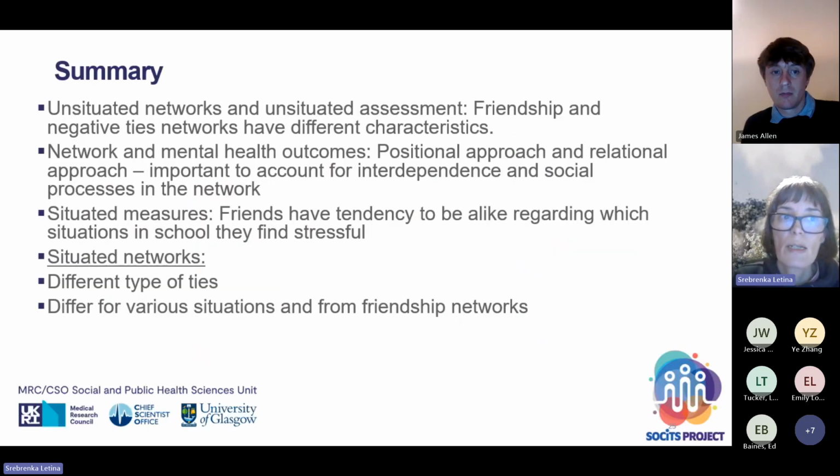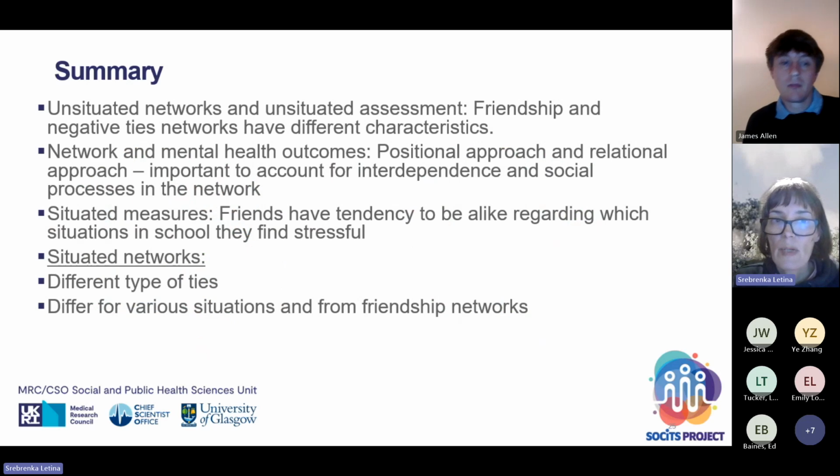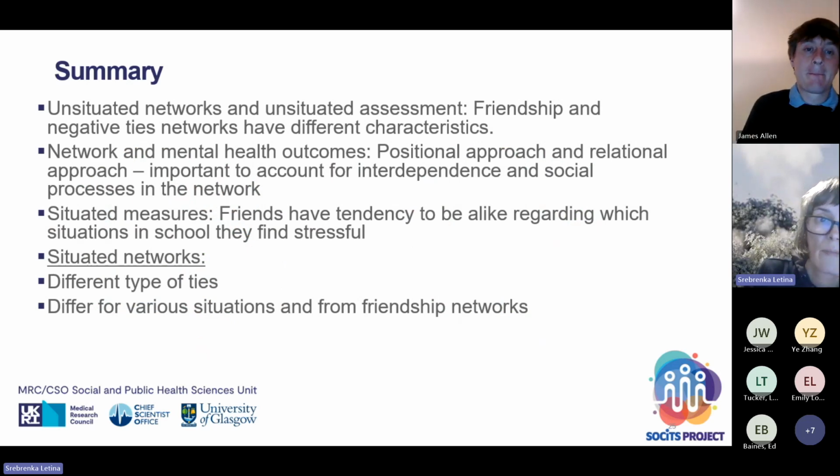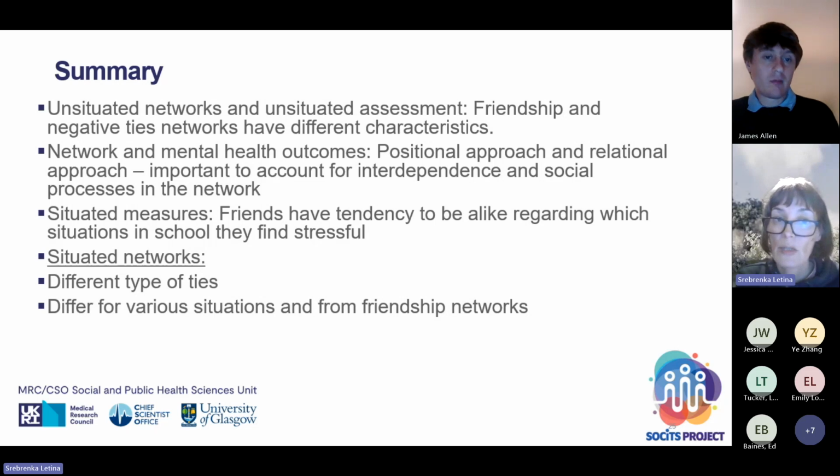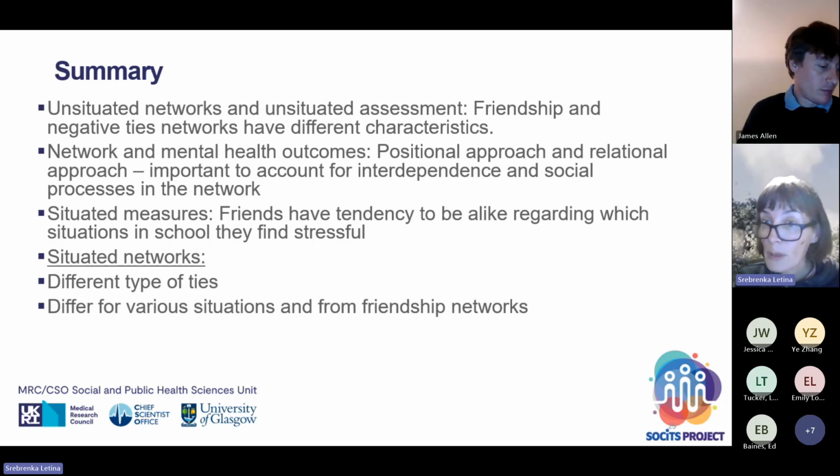So to summarize, you have seen some examples of unsituated networks and unsituated assessment, and you saw that networks of negative ties are very different from the friendship networks in their structure, and they are important for different outcomes.